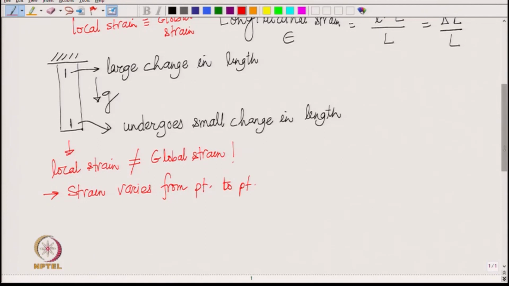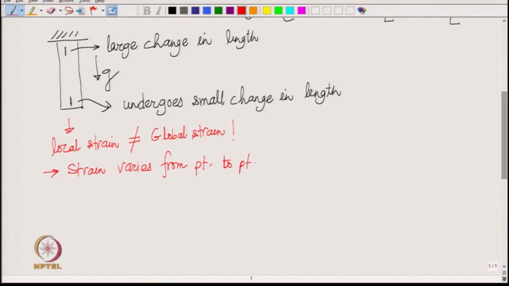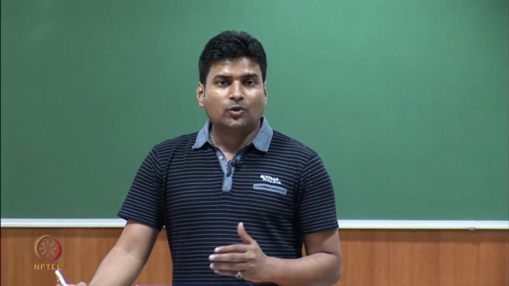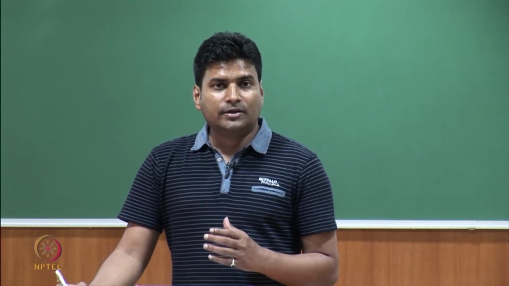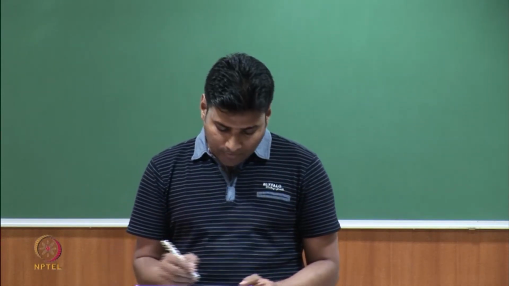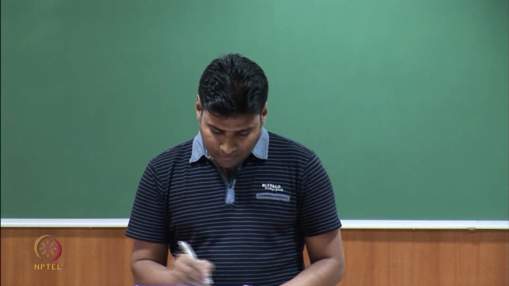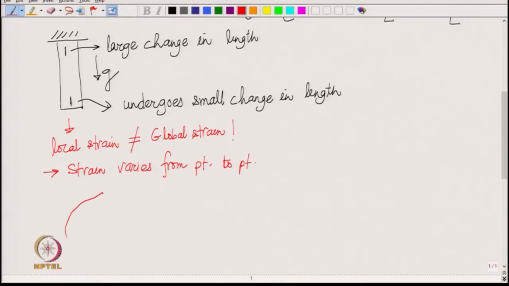Okay. You see, this was for a bar, but our body in general does not have the shape of a bar. It could have any arbitrary shape. For example, think of the body having this shape, and you are applying, let us say, external load on this part of the body, and further it is clamped at somewhere else.